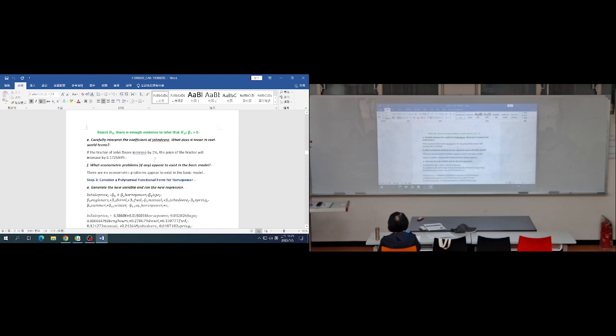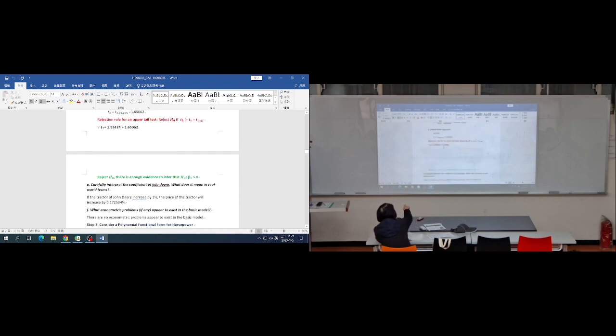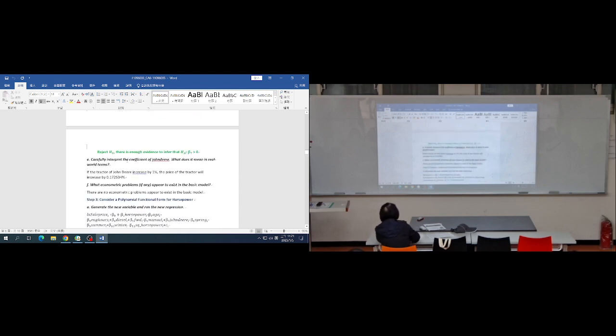I think if John Deere tractors manufacture with, then the price will be increased by this percentage. Say it again, I'm sorry, I really didn't hear that quite clearly. Well, stay here. What does this sentence mean? You wrote it by yourself, right? And what does that mean?